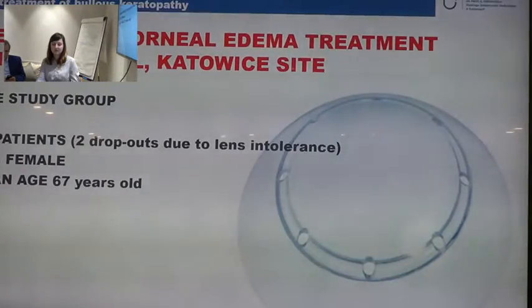In the Katowice site, the study group, as for now, contains 20 patients, including 2 dropouts due to lens intolerance that happened within the first 24 hours. One person was using the hyperCL, while the second person was using just the regular soft contact lenses by Bausch and Lomb.